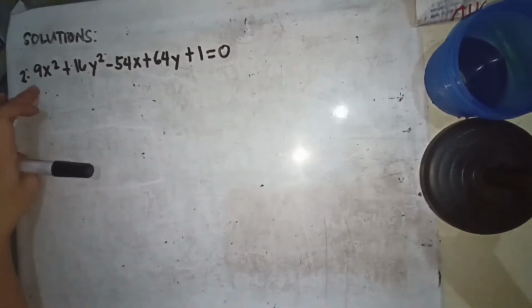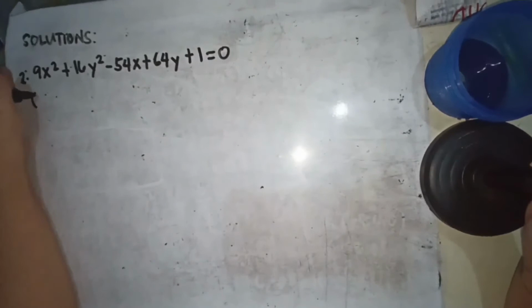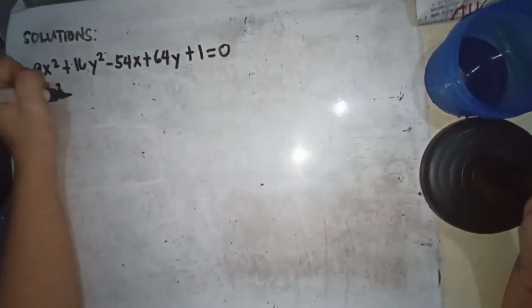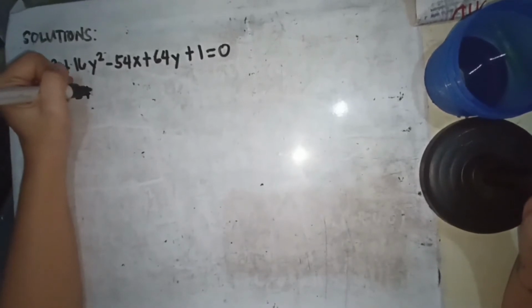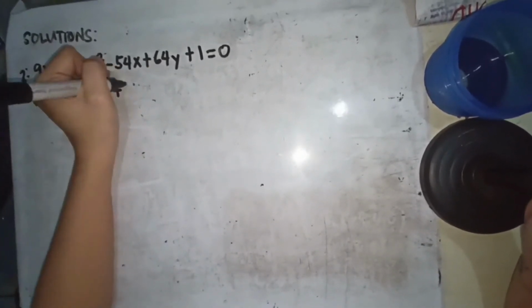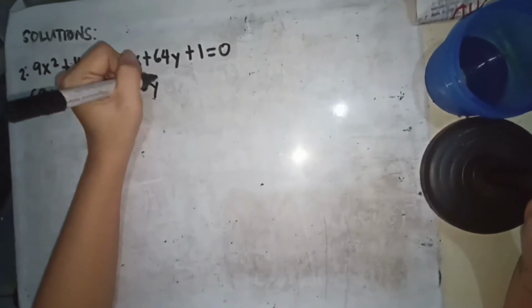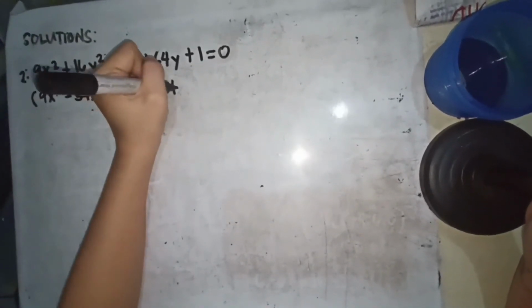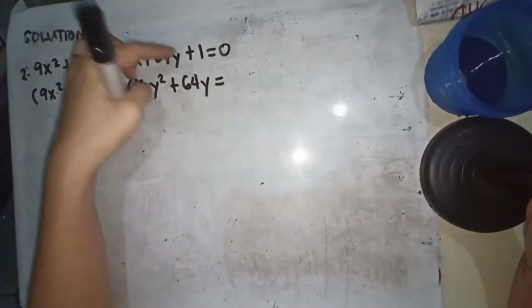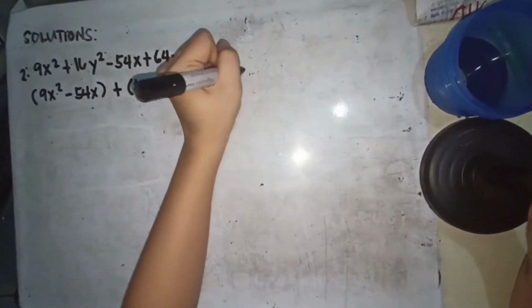So, this equation becomes 9x squared minus 54x plus 16y squared plus 64y equals, transposing plus 1, negative 1.